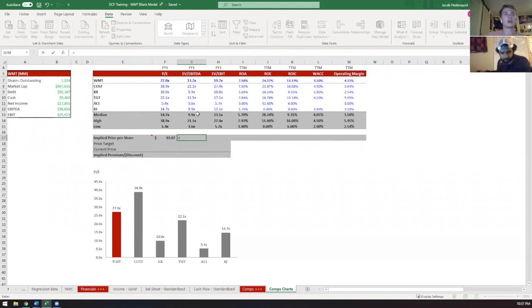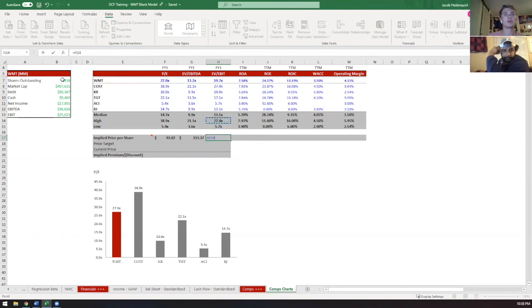EV to EBITDA, we're going to take our median, multiply by the EBITDA that's already given here, subtract our net debt. And then obviously we have to divide all that by our shares outstanding. And we'll do a similar thing for EV to EBIT.